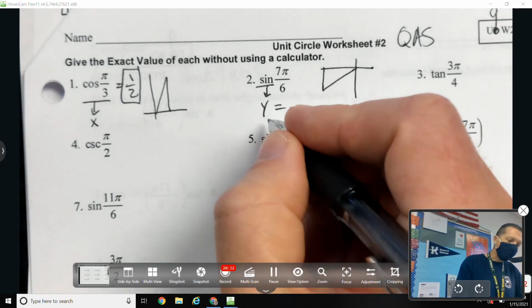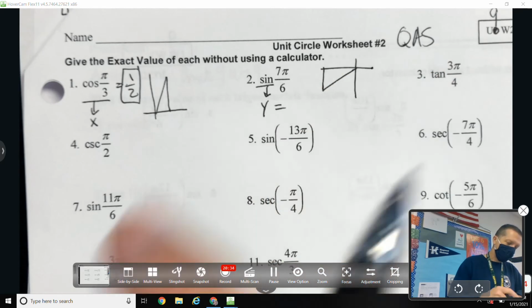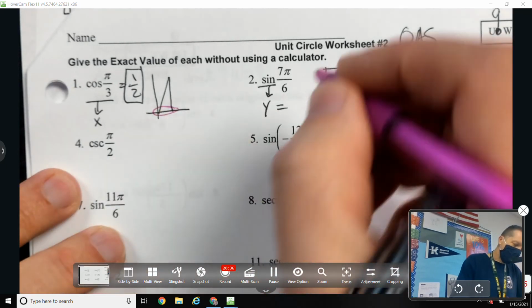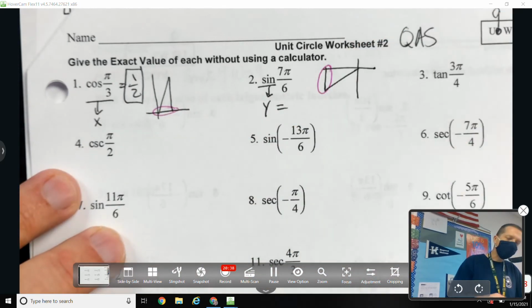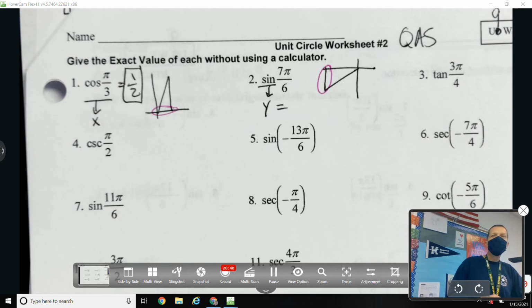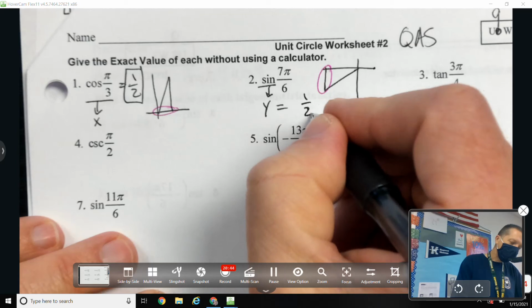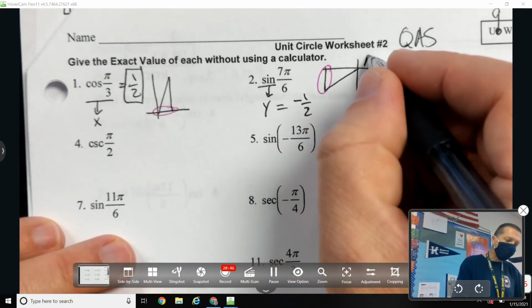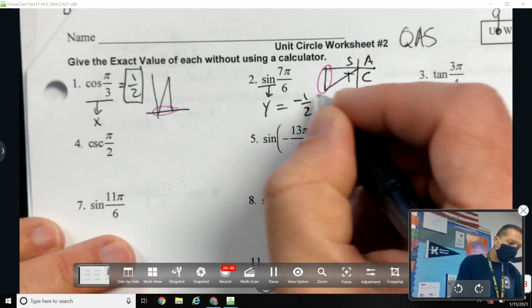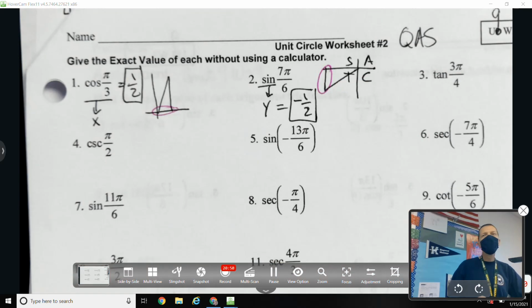Careful, I want the y coordinate. That's the up and down coordinate. The y coordinate is this coordinate. And that's the short side. Positive or negative? Negative because it's down, or because all students take calculus.